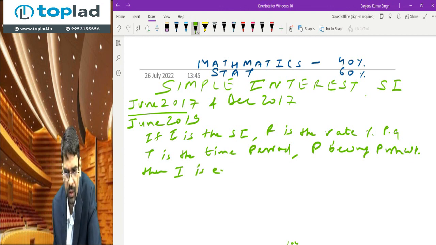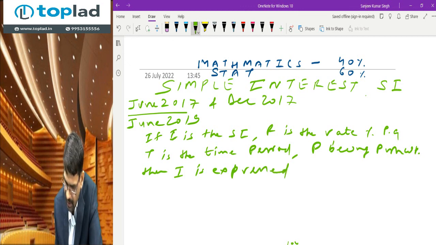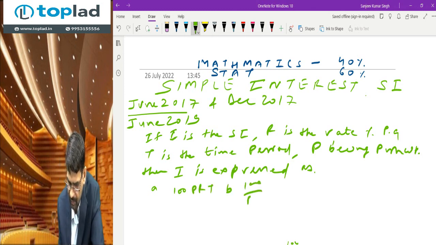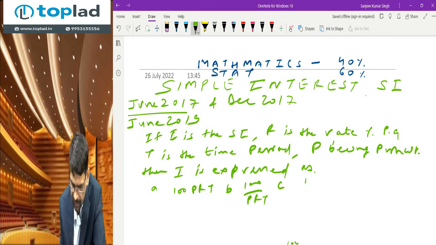I is expressed as: A 100 PRT, B 100 divided by PRT, C PRT divided by 100, D PRT.